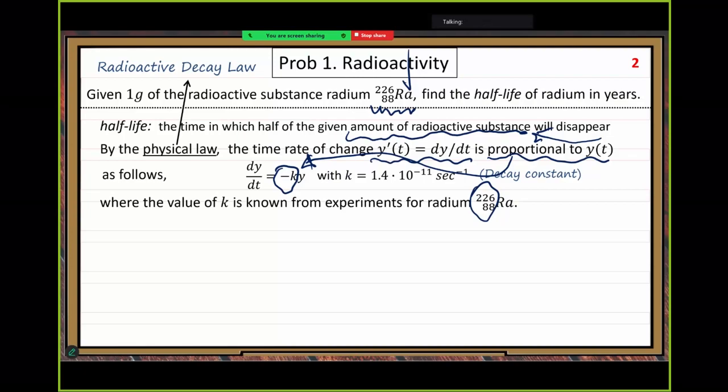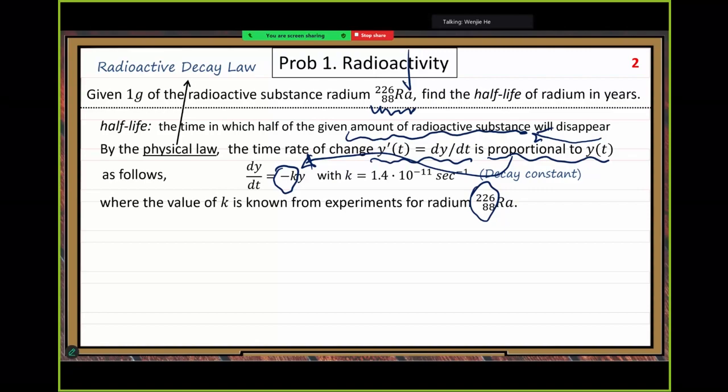People summarize this physical law and call it the radioactive decay law, because it was first discovered when people studied radioactivity. But not only radioactive substances have the decay phenomenon.